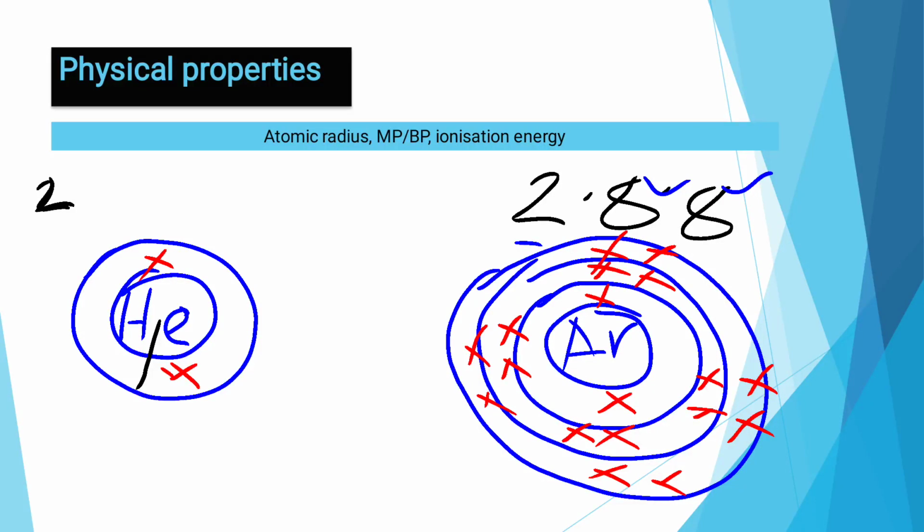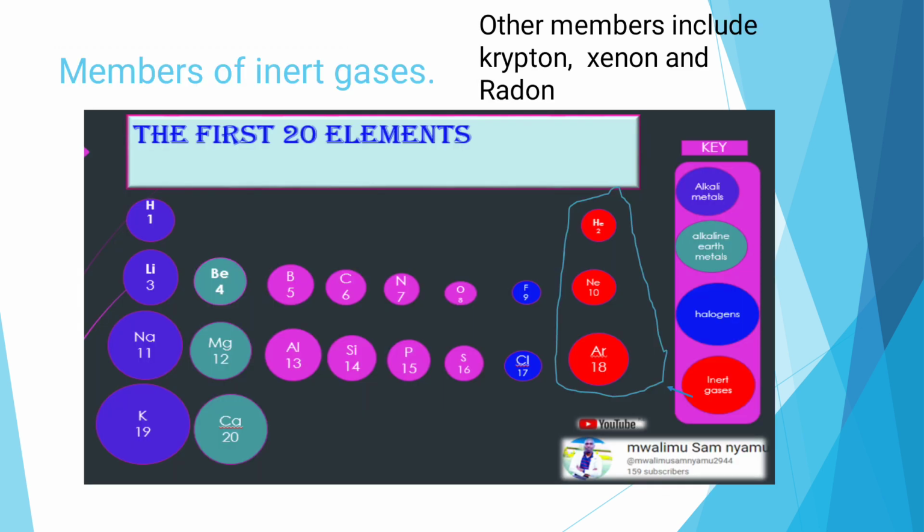If you compare these two elements, the atomic radius of helium cannot be compared with the atomic radius of argon. Remember that the atomic radius is the distance from the center of the nucleus to the outermost energy level, and therefore for argon it is much bigger, because as we move down the group, there is an increase in the number of occupied energy levels.